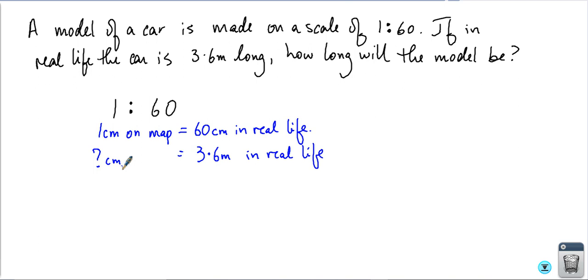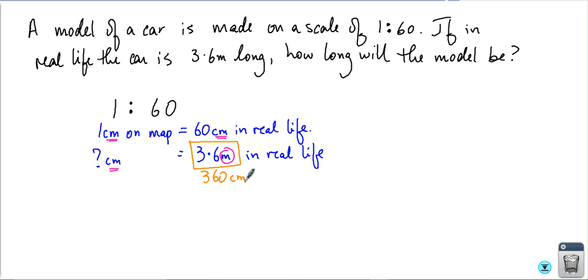Now, as you can see, we have centimeters, but here we have meters. So we have to change this 3.6 meters into centimeters. Remember, to change from meters to centimeters, we multiply by 100. So this is equivalent to 360 centimeters.